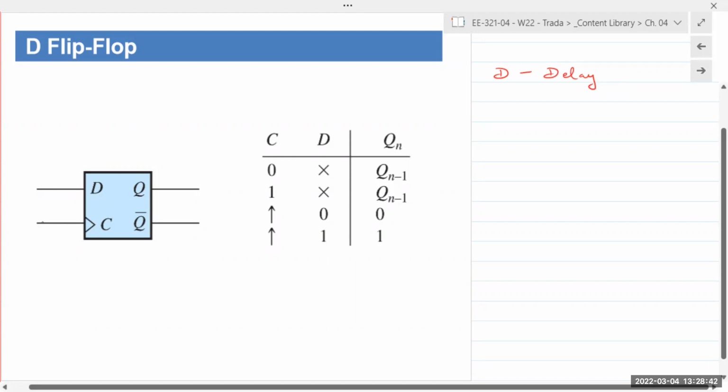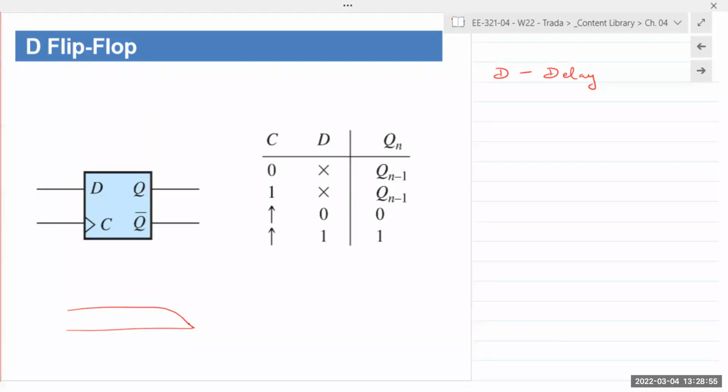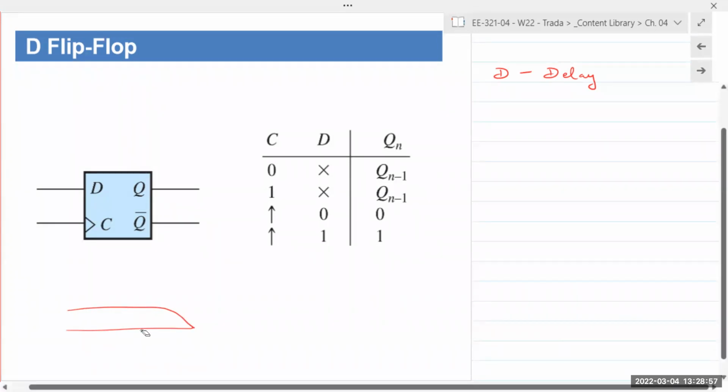And that symbol resembles the tip or the edge of a knife. Hence, an edge.